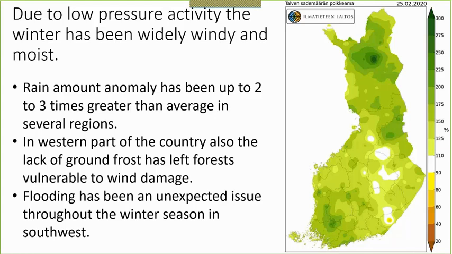And it's been really exceptional with the flooding problems, because we usually don't have flooding problems until springtime, but now we have had several warnings throughout the winter time in the southwestern parts, where you can see that we have had almost 200% more rain than average.